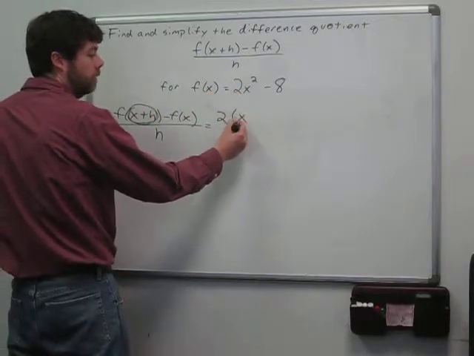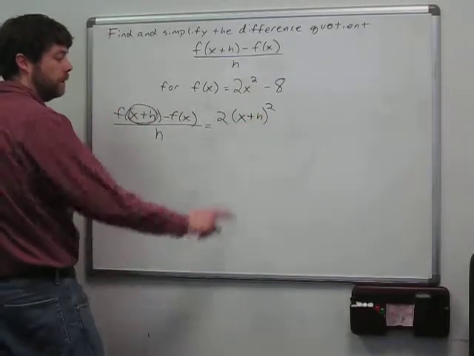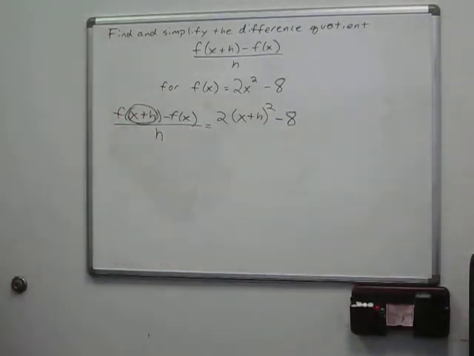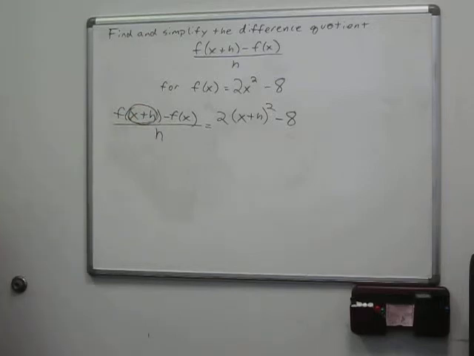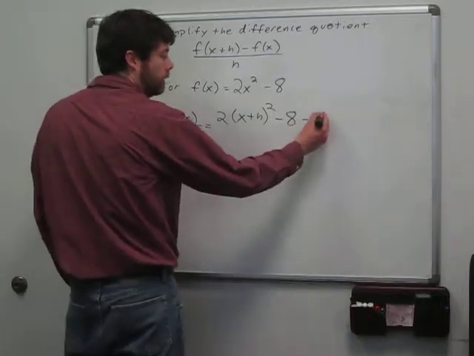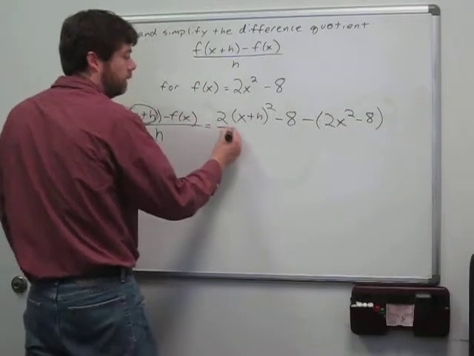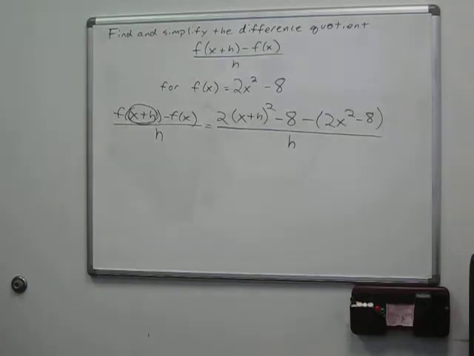So that's 2 times x plus h, that quantity squared, minus 8. And this is just f of x plus h. And we're going to subtract f of x and divide the entire expression by h.